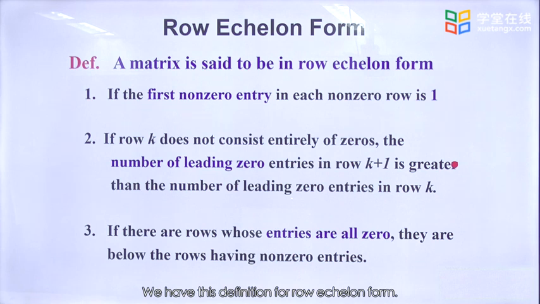Okay, so we have this definition for row echelon form. The first non-zero entry in each non-zero row is 1, and the number of leading zeros is increasing, right? So the number of leading zero entries in row k plus 1 is greater than the number of leading zeros in row k minus 1. And thirdly, all the zero rows are at the bottom.